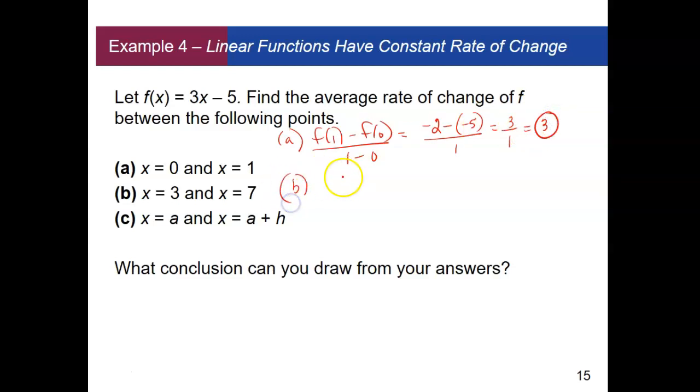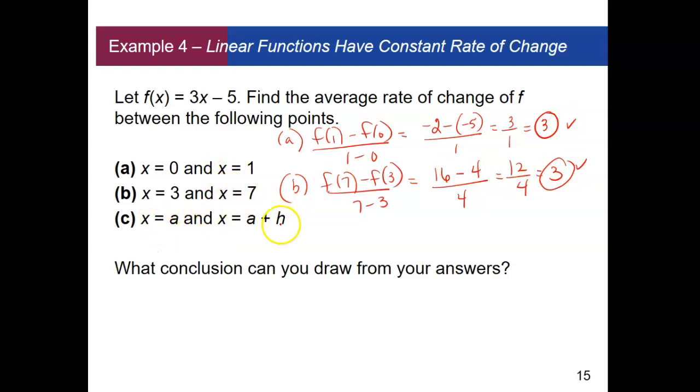If I do b, that's f of 7 minus f of 3 divided by 7 minus 3. So f of 7 would be 21 minus 5, which is 16, minus f of 3, which is 4. So this is going to be 12 over 4, which is 3. So both of those were the same regardless of the interval.